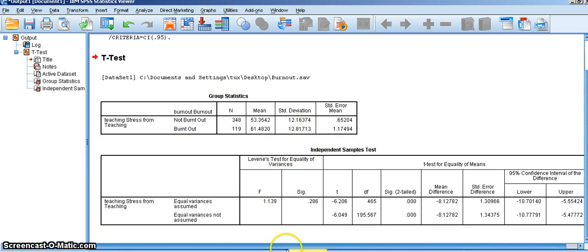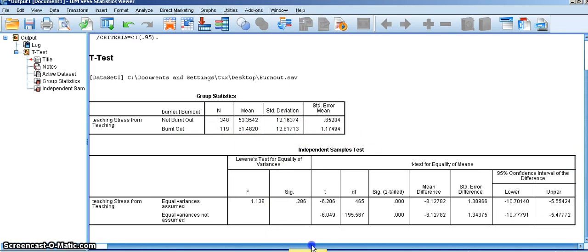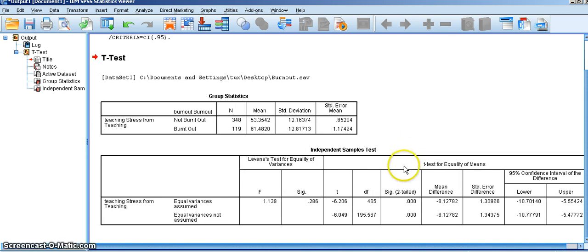Now, the table below is our most interesting table. What we need to look at is, first of all, we're looking for significance, but you have to be careful because we have two boxes that tell us about significance.